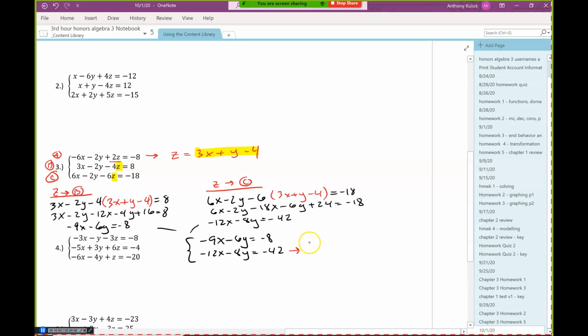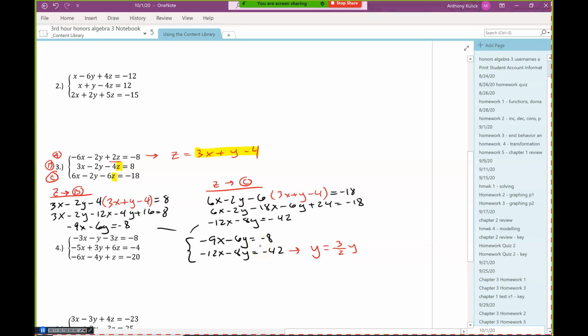Okay. So when I do that, I'm gonna add the 12x over, and then divide by -8. So -12 divided by -8 is 3/2.